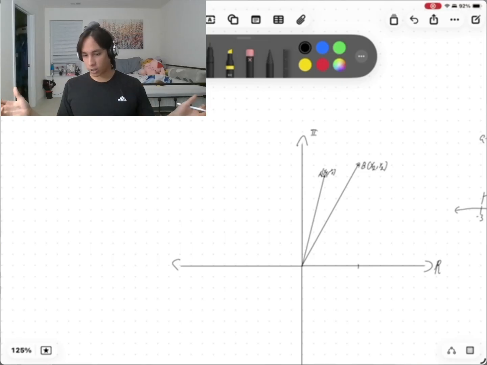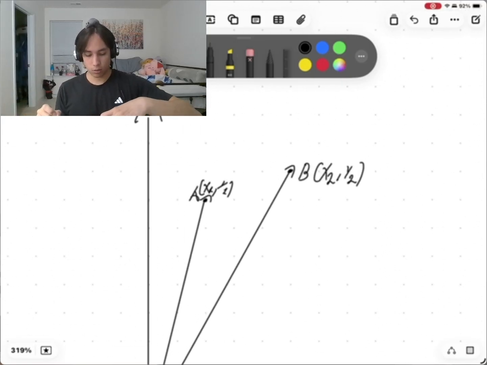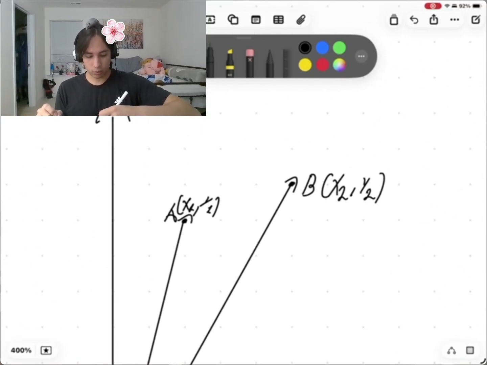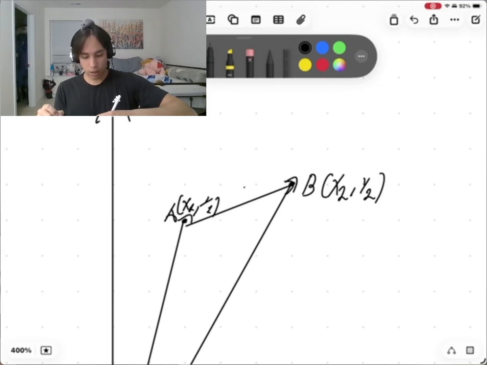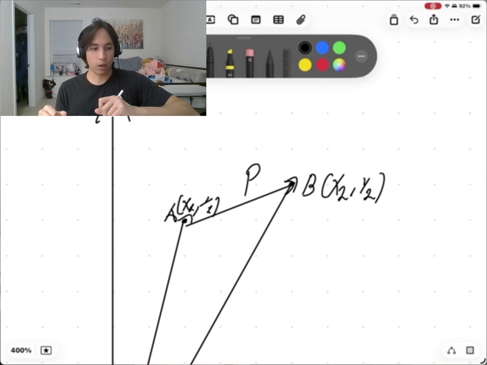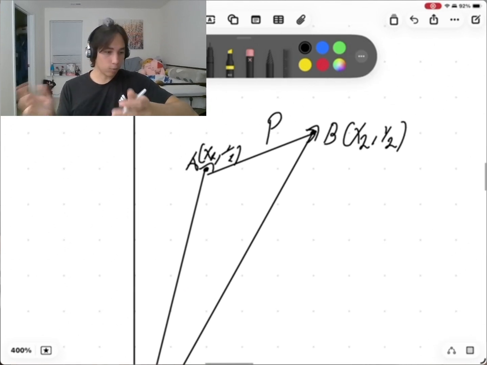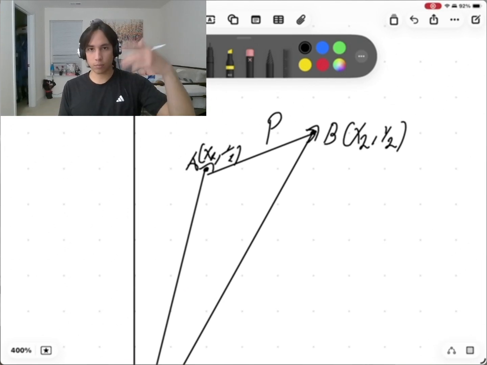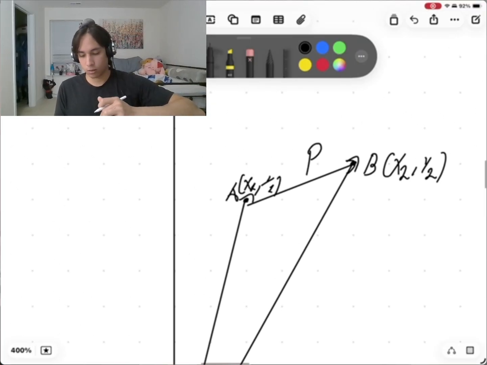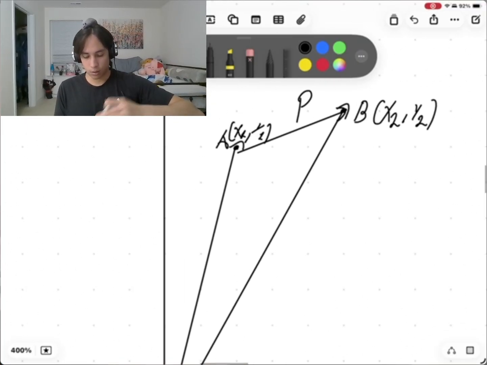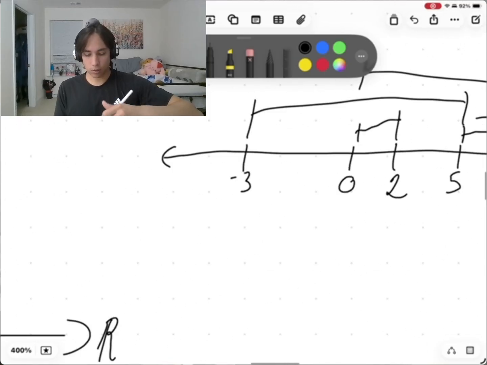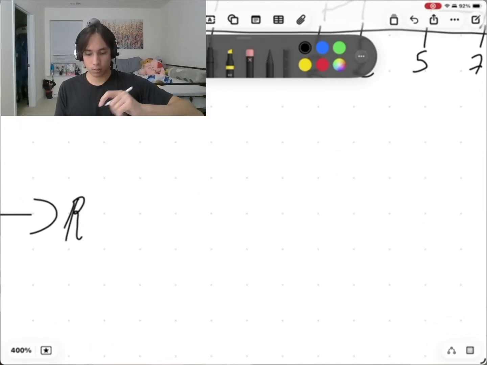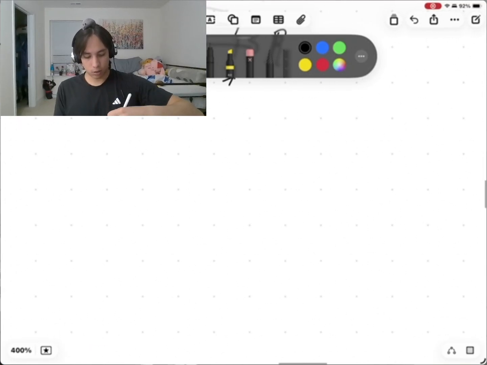We're just subtracting vectors. So to find the distance between A and B, let's call it P, because why not, we have to subtract A and B, and then take the absolute value, right? So I'm going to try to do it algebraically.